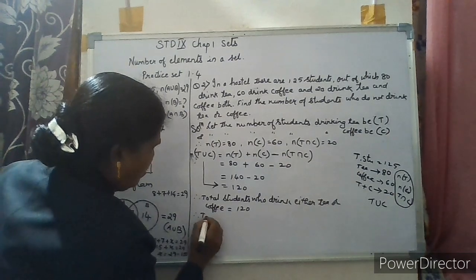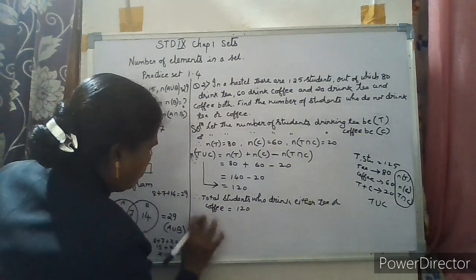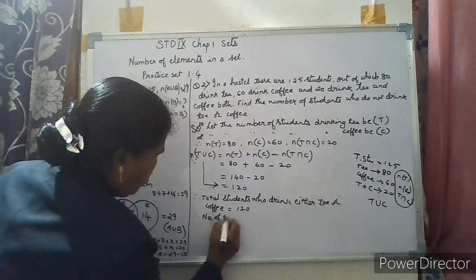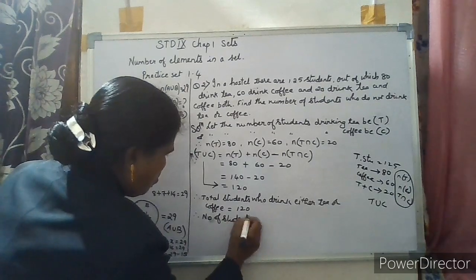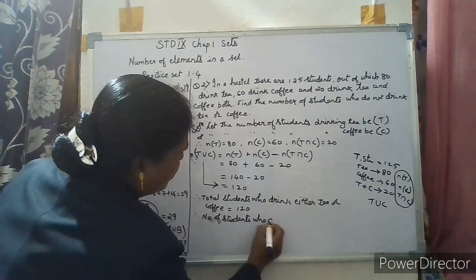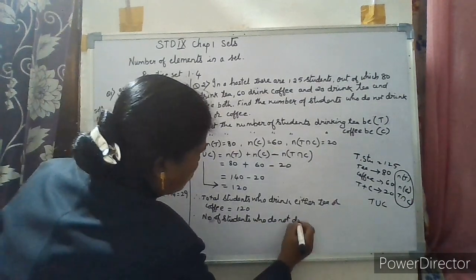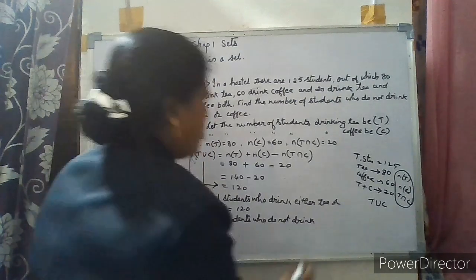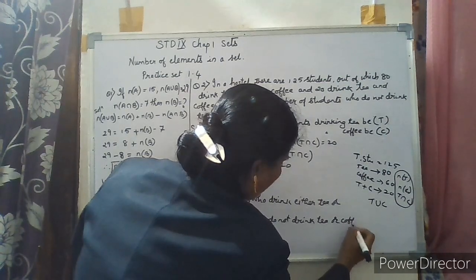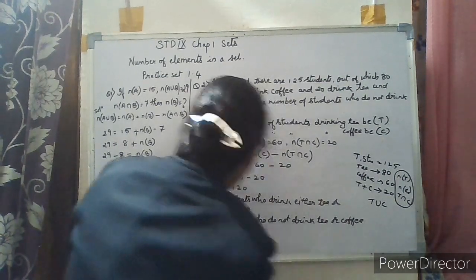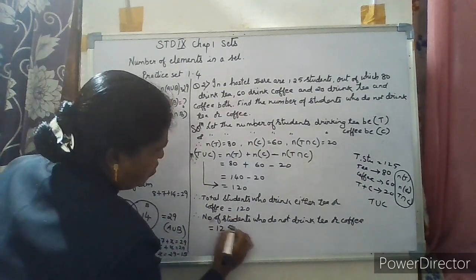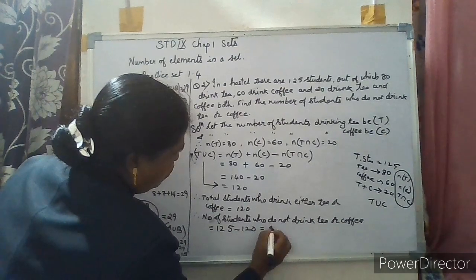And the number of students who do not drink tea or coffee is equal to 125 total students minus 120, which is 5.